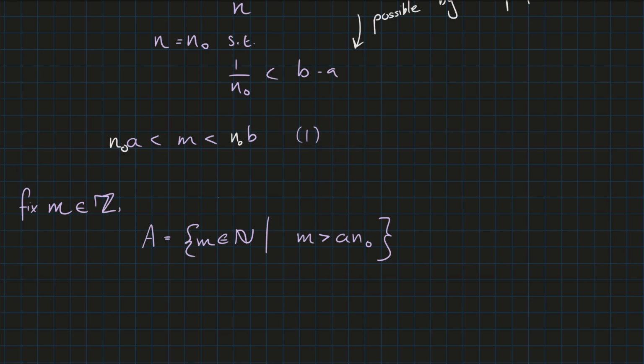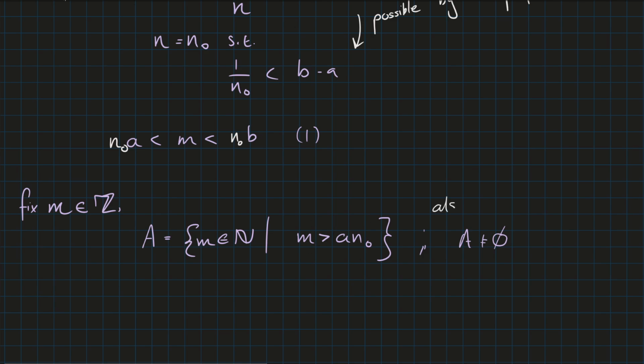So all the natural numbers that are bigger than a n naught. Well, we know that a is positive, n naught is positive, so there exists some natural number that is greater. That's the Archimedean property as well. What I'm saying is that A is non-empty.